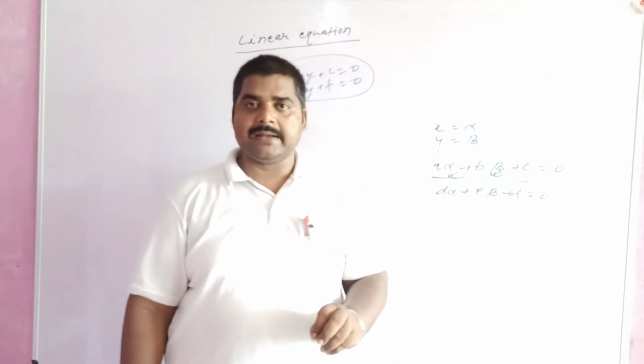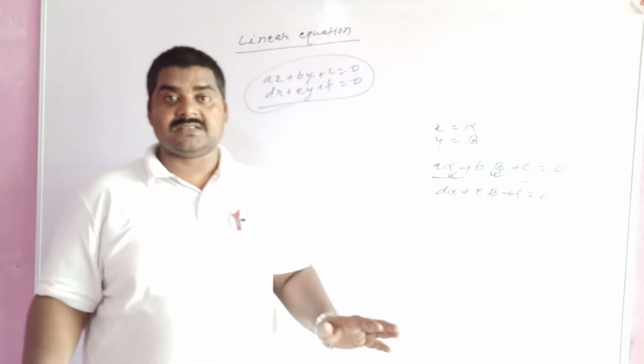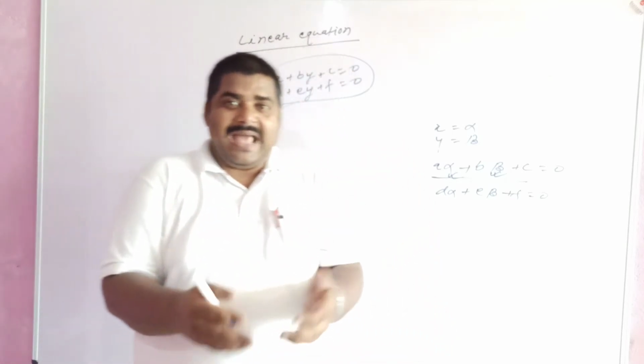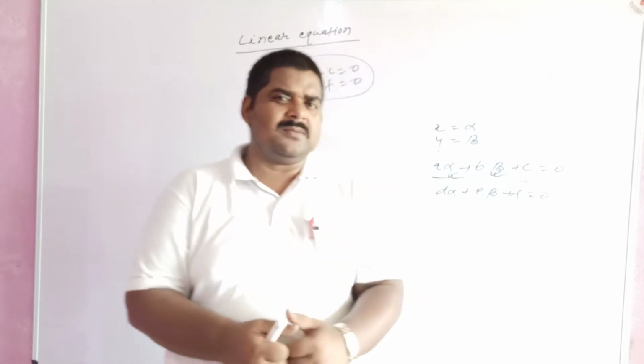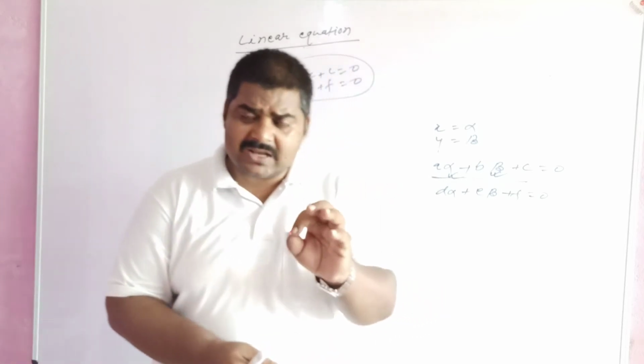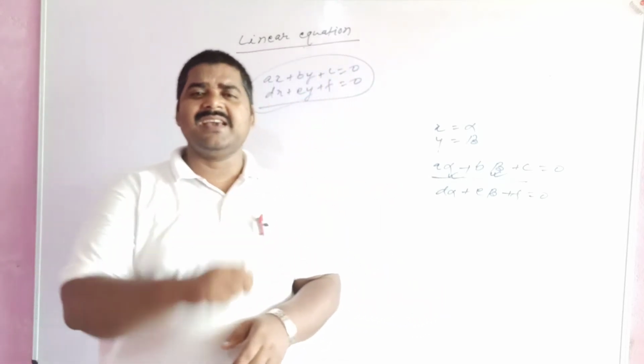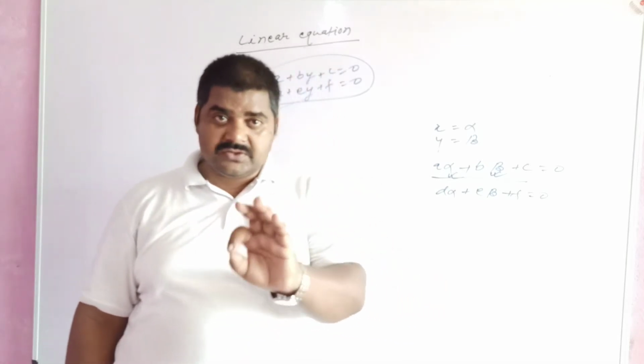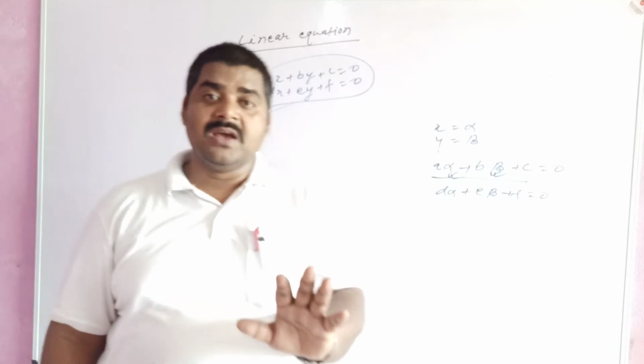The second case is that there is no chance, no values are possible. X and y, you can't find the values. This is the second case. And the third case, infinite number of values. Not 1, 2, but an infinite number of values are possible.